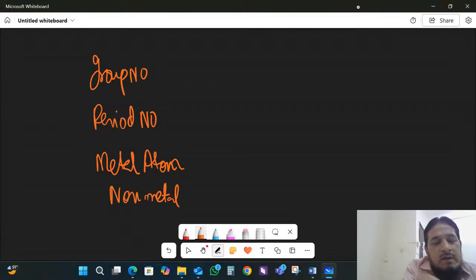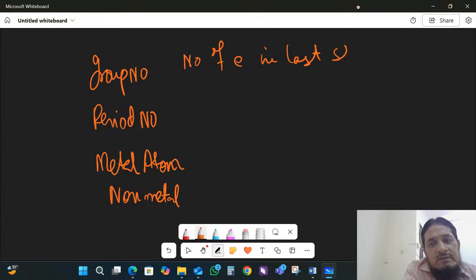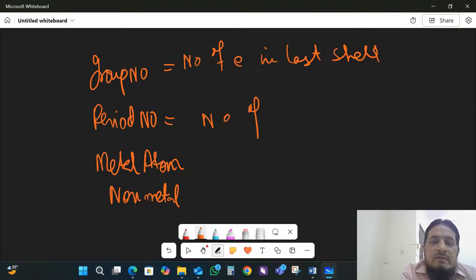The number of electrons present in the last shell tells us the group number, and the period number is the number of shells.